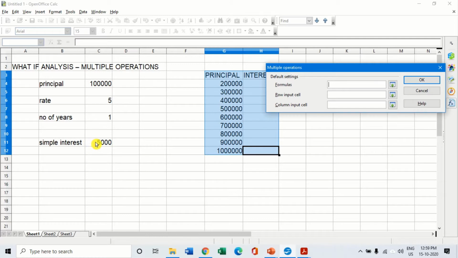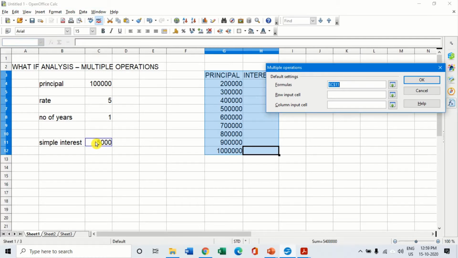So my formula of simple interest is in this cell, so I will select this particular cell. Now what is the row input cell? So in the column input cell, I am going to put the column that is going to change the interest.